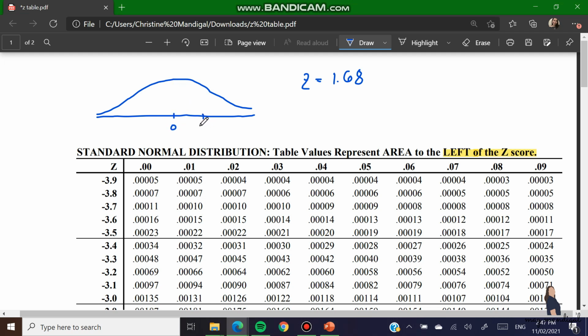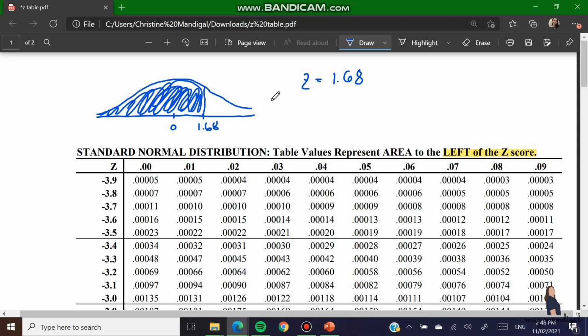So let's say it's here, 1.68. If you use this z-table that I'm showing you, this will give you the area to the left of the z-score. That means this area is what we will get from our z-table.